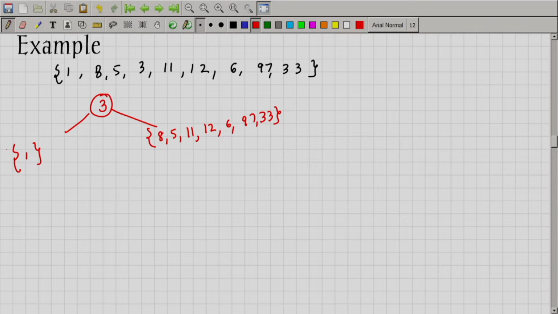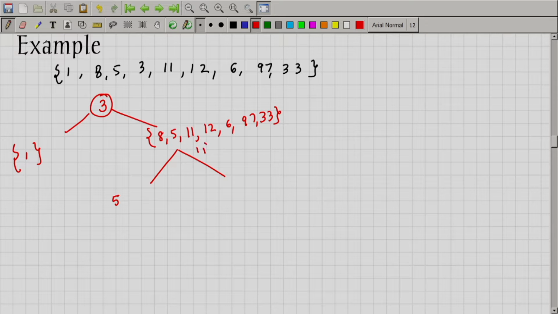Again, this is already sorted, so nothing to be done there, single element set. From here we again choose a random element. Let us say if we had chosen 6, then this again gets split into 2 parts. Or let us say this time we will choose 11 instead of 6.